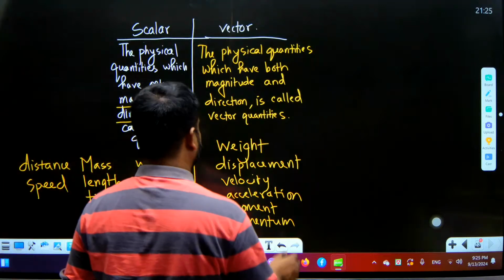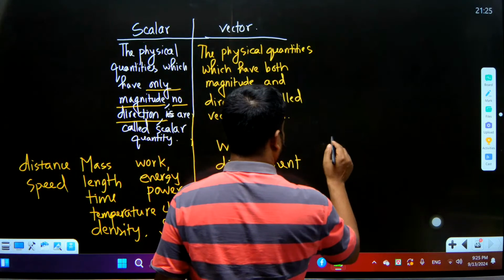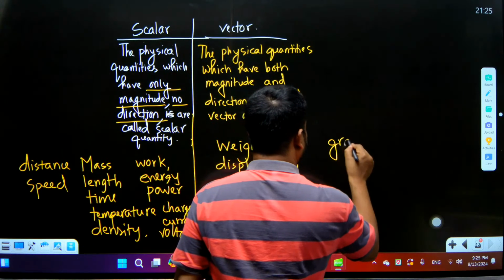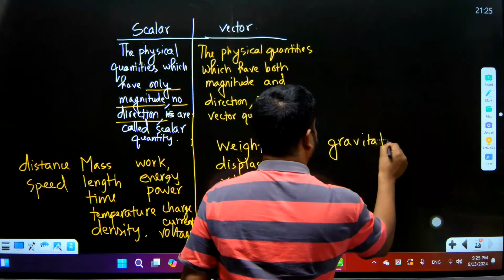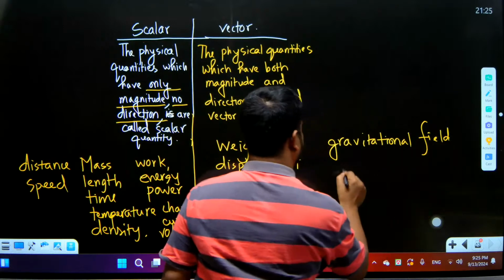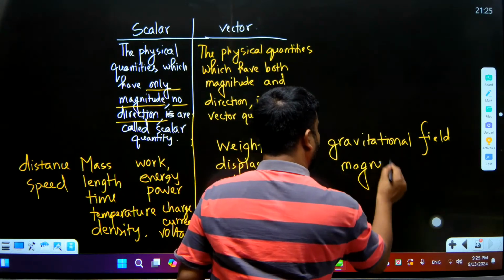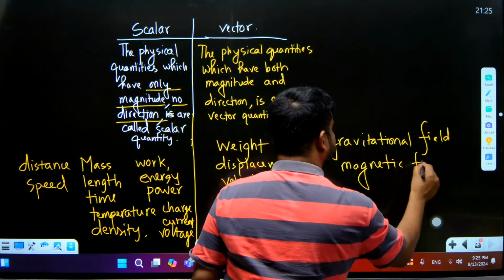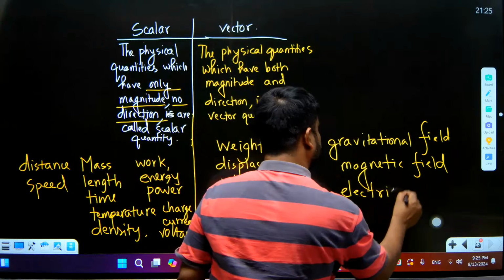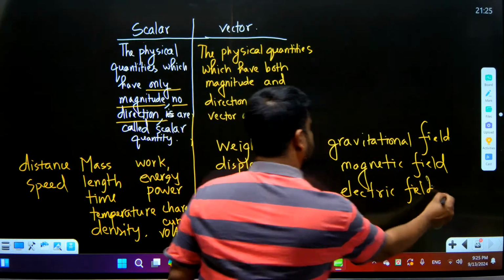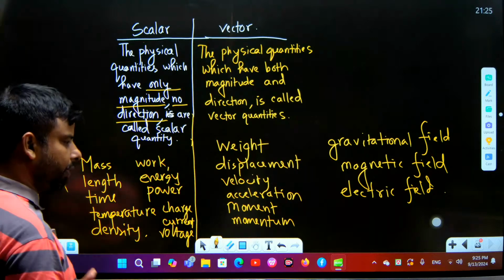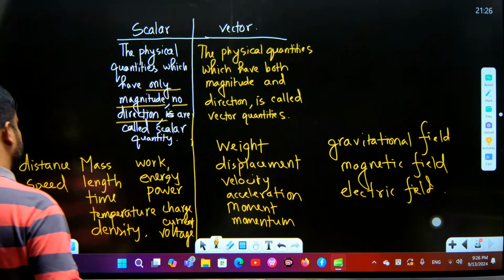All types of fields, gravitational field, magnetic field, electric field, are vector quantities.